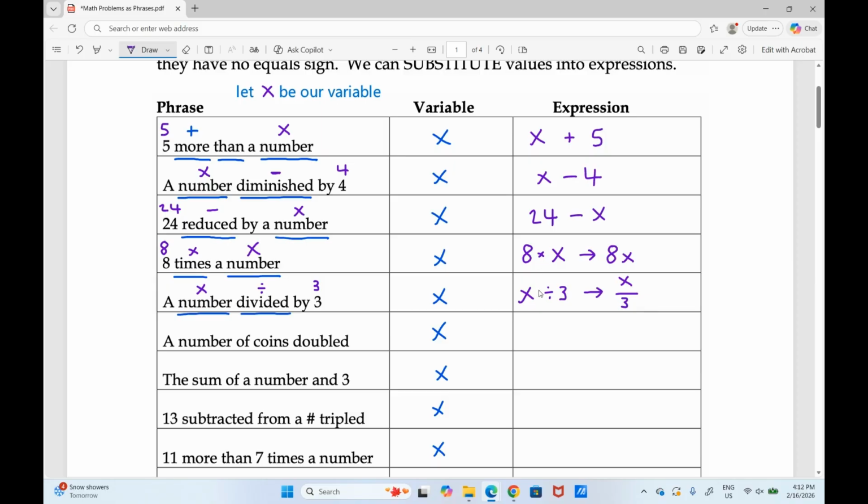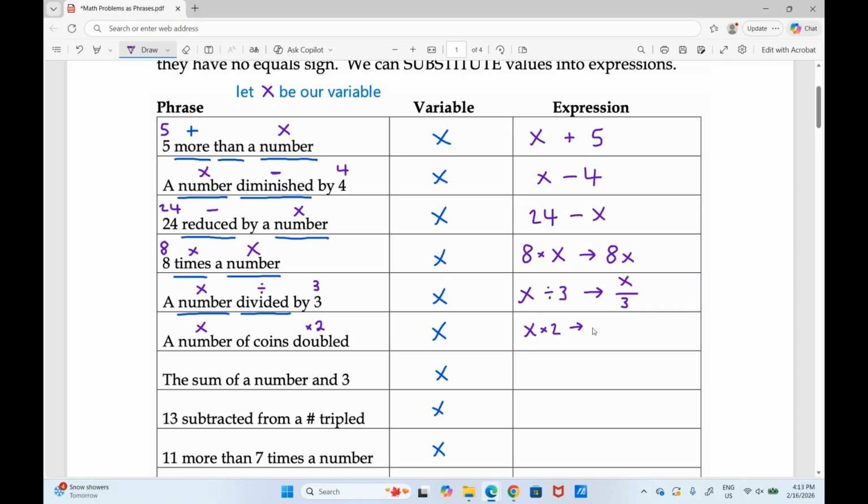Now, for the next one, a number doubled. So a number can be x, and then doubled. Double probably means multiplied by 2, right? So in this case, I could write this as x times 2.